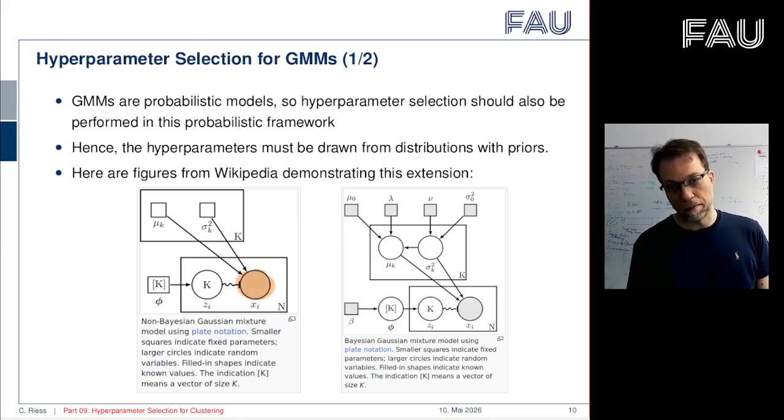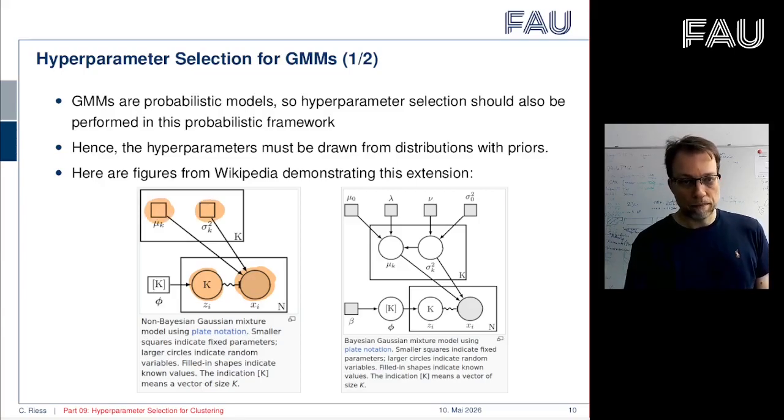I took this from Wikipedia, sorry, shamelessly stole it. So we have observations collected into K clusters, and these K clusters are described by means and standard deviations.